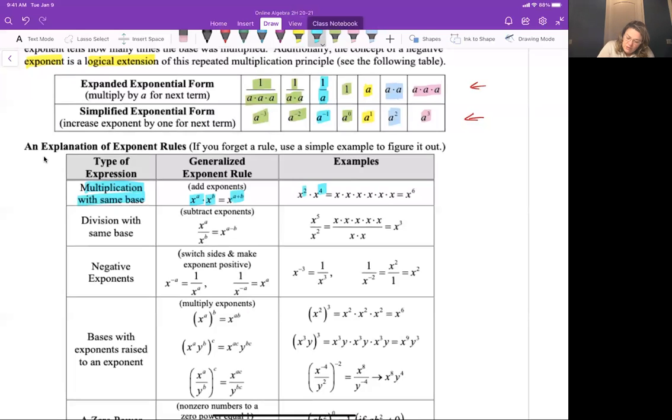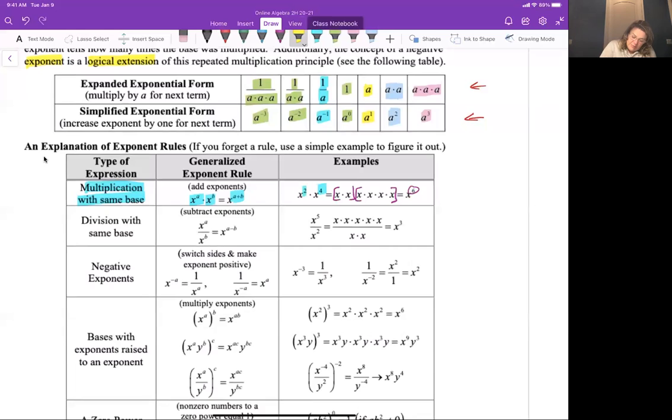If I wrote them out, there's my x squared, and then I have 4 more x's, and if I add them all together, I'd have x to the 6th. So if you forget the rule, you can remind yourself by writing it out in expanded form, and then you can quickly discover the rule.